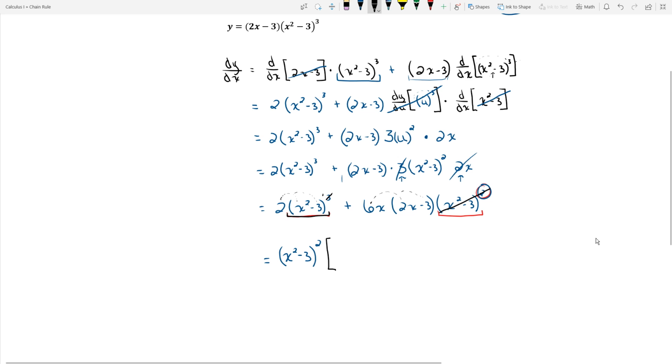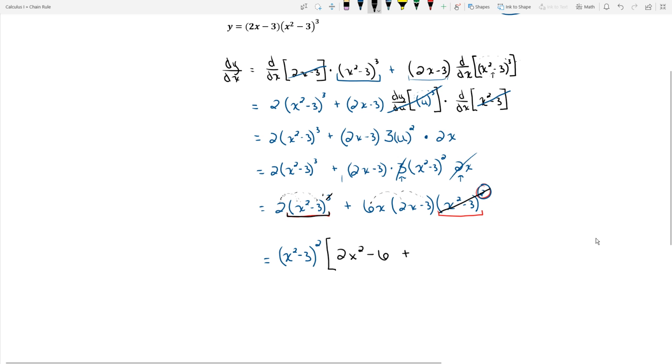So 2 times x squared, that gives me 2x squared, minus 3 times 2 is 6, plus, and I no longer need the parentheses because I've carried this 2 through. There's no longer a product here. So I can leave that without parentheses now.